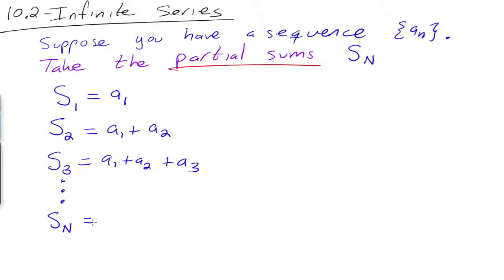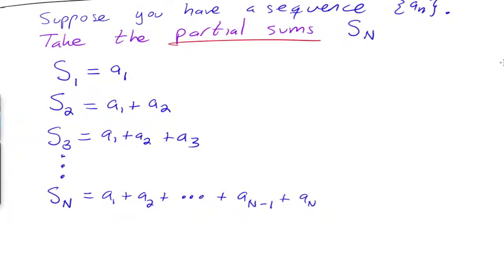So S sub n would equal A1 plus A2 plus all the way up to A sub n minus 1 plus A sub n. So it's the sum of the terms of the sequence. And in these I wrote it starting at 1, but you could start a partial sum at a different number. Okay. So those are the partial sums.